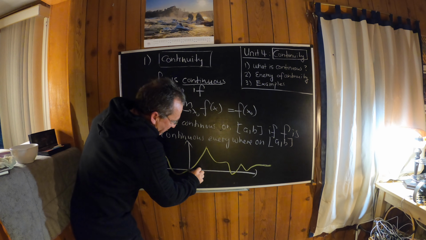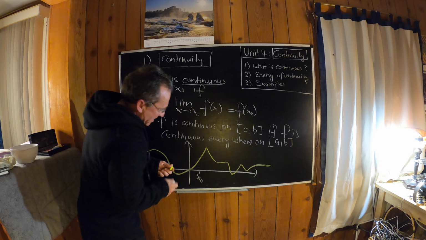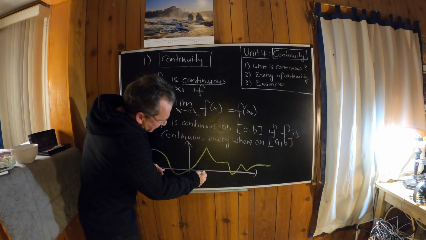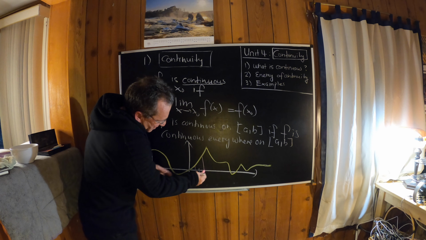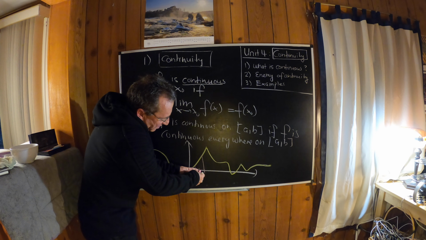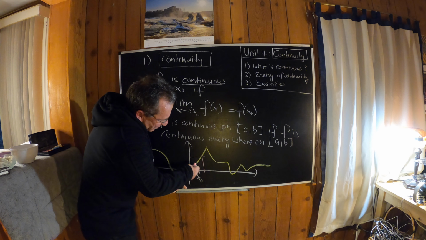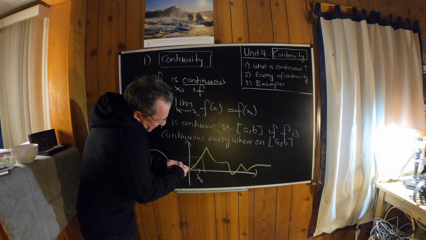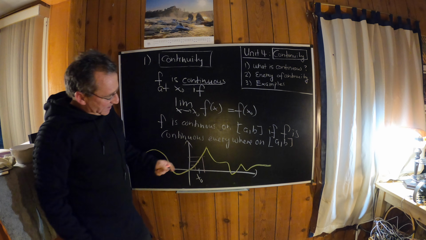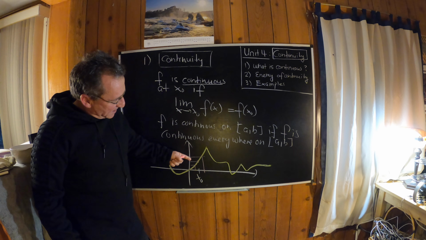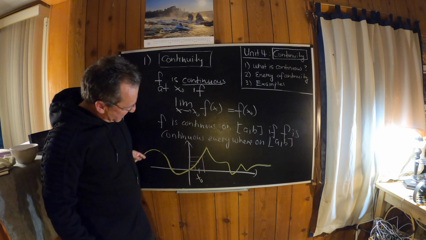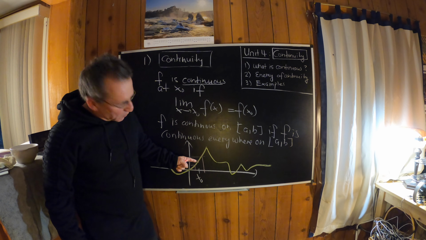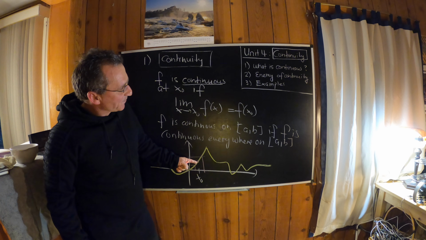If you take some point x naught here, and x is close to x naught, then f of x has to approach f of x naught. So this is a regularity condition. There should be no surprises when we approach this point x naught.